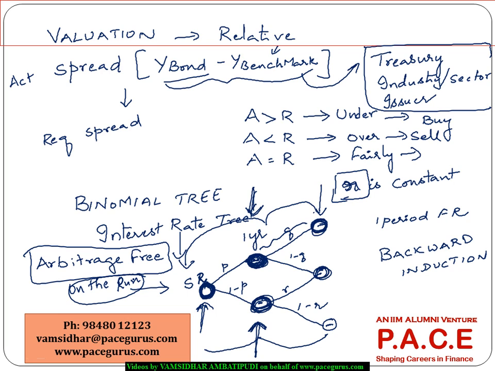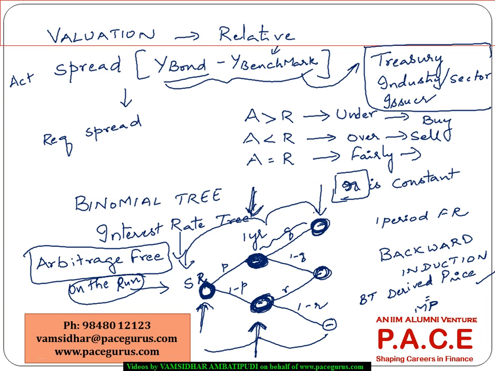Or, putting it the other way, I get these interest rates at each of the periods by equating the binomial tree formula derived price for that on the run security to the market price. At what interest rate will the binomial tree derived price be the same as the market price?